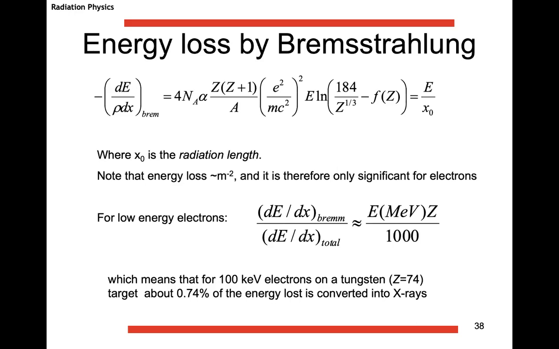We're talking about giving 60 gray in 1 second, while normally you give 60 gray in 20 minutes, in 30 minutes, even in 1 hour. So you need a very, very high intensity to do FLASH, which because of the poor efficiency of the Bremsstrahlung is very difficult.